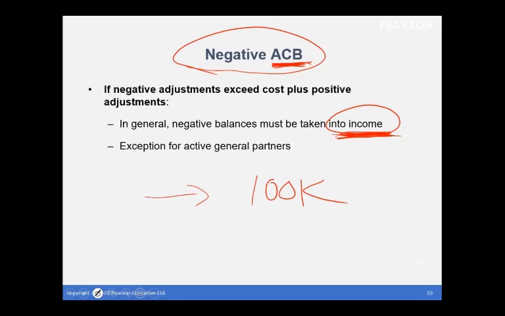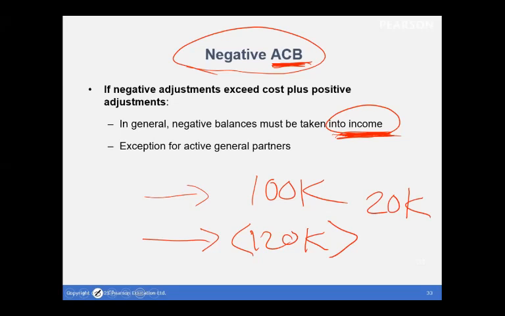There we go. I put that into the partnership. That's my interest. Nothing else has happened yet. And then I walk up the next day and I take out 120K. And I go, excellent, I'm done. We don't do anything else. We don't operate. Well, you just got an extra 20,000. You invested 100 and you took out 120. You made a profit of 20. Your account would be negative 20.